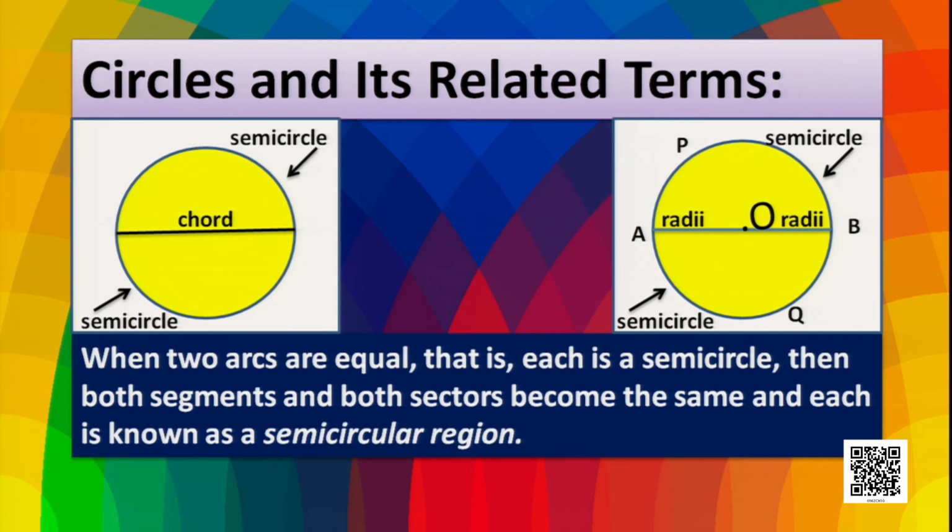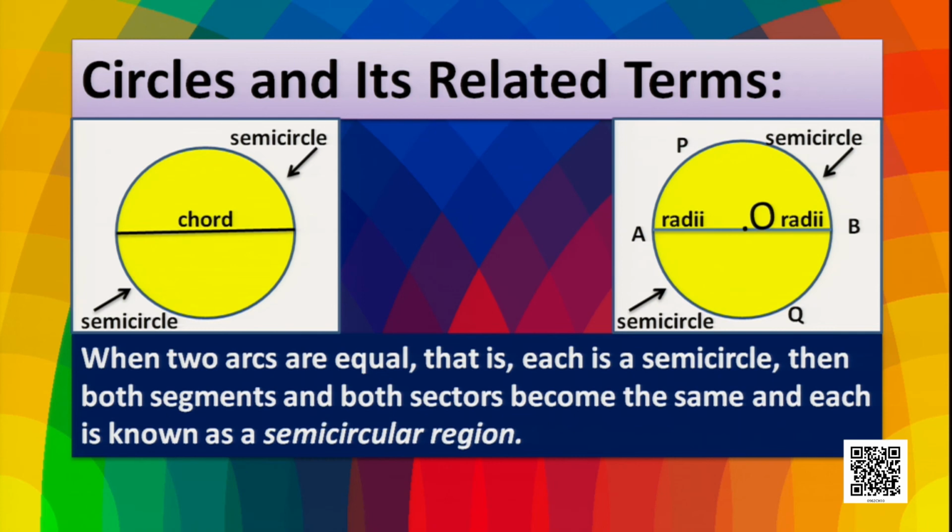So the sector will become a semicircular region. Similarly, in the case of a segment, if this chord is the longest chord, that means the diameter, again we have two equal regions, and those are called semicircular regions.